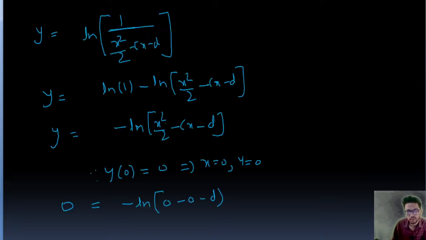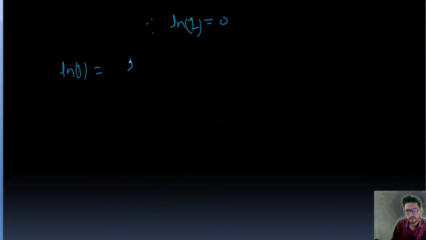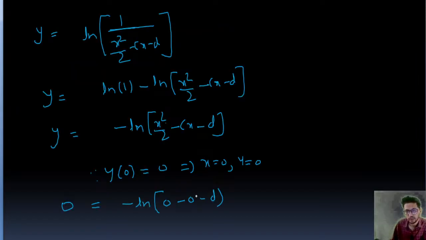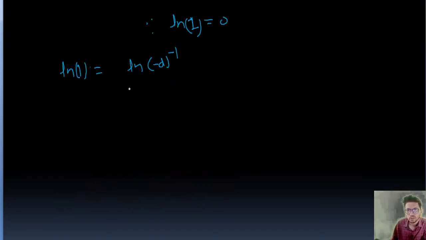So ln 1 is going to be equal to ln of minus d to the power minus 1, because of the log property. Now ln will get cancelled. So 1 is going to be minus d to the power minus 1, right?